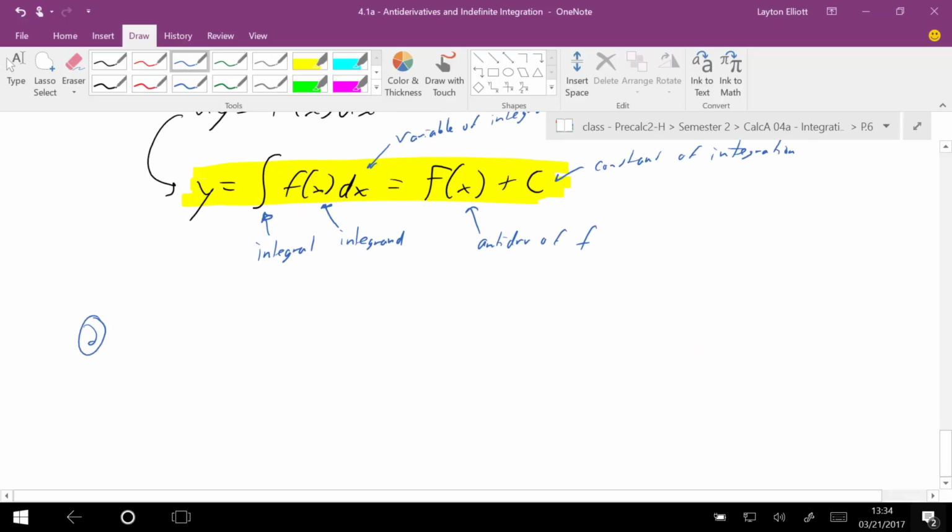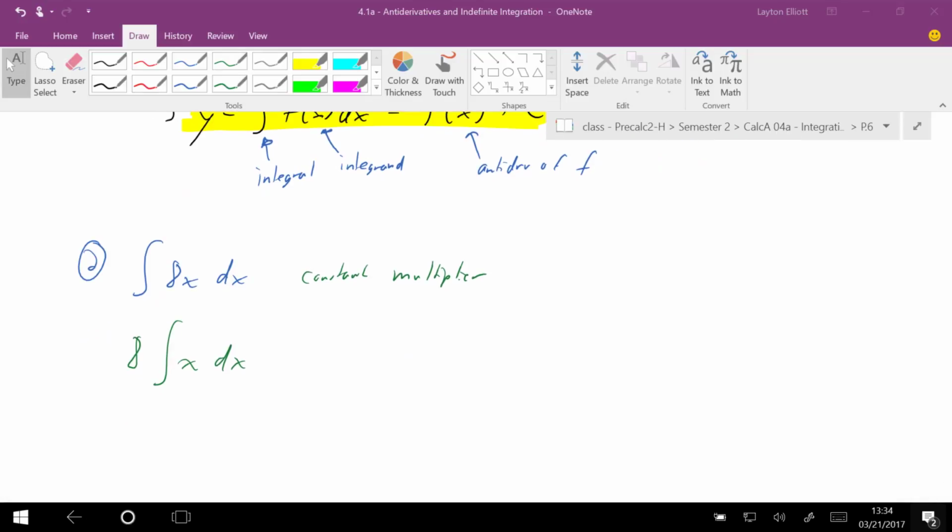Okay, number 2, we're going to do the integral of 8x with respect to x. Never, ever, ever write an integral of a function without the variable that you're integrating with respect to. So, one of these things is the constant multiplier rule. This was the same as it was before, so I can say that that's the same as 8 times the integral of x dx.